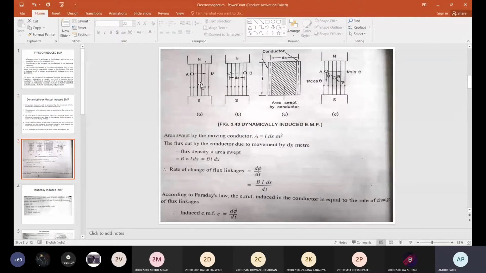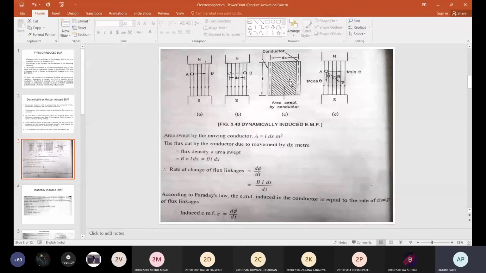Here we have N and S poles given for the magnet. This is a uniform magnetic field between the magnets. This A is your conductor, and the velocity of the conductor is given. The conductor travels a distance dx between the magnetic field, so this is the area swept by the conductor between the magnets, the lined portion.